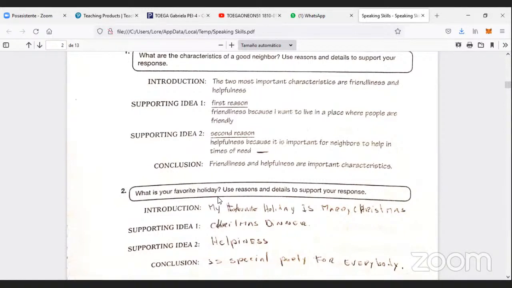Okay. My favorite holiday is Hangul Day. That's the introduction. The first reason: Hangul Day is my favorite holiday because I really like to study that alphabet.